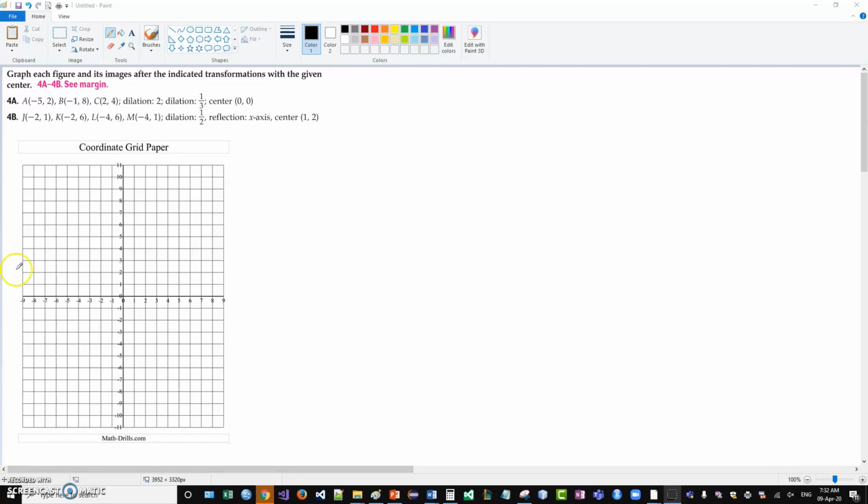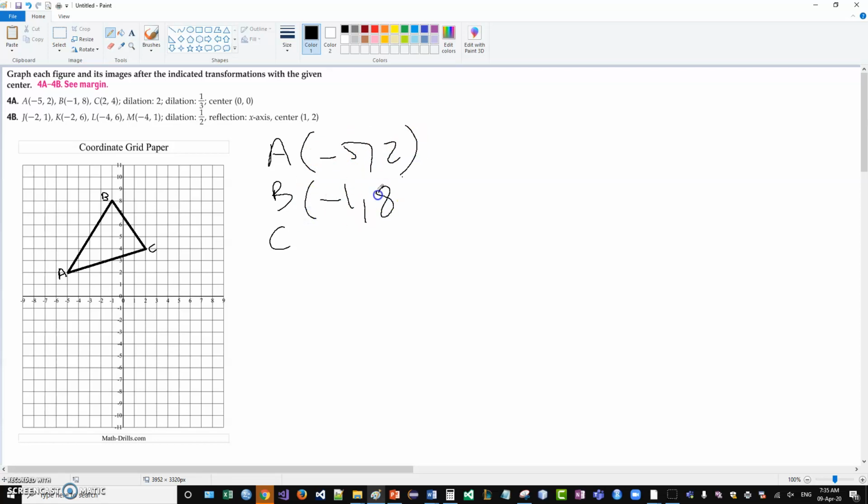Let me just draw the triangle. So this is our triangle. For the first dilation, we take the points of the original triangle, A, B, C. A is (-5, 2). B is (-1, 8). And C is (2, 4).